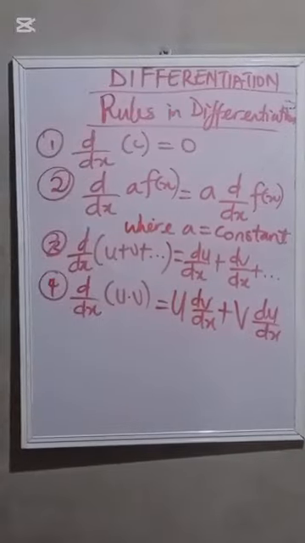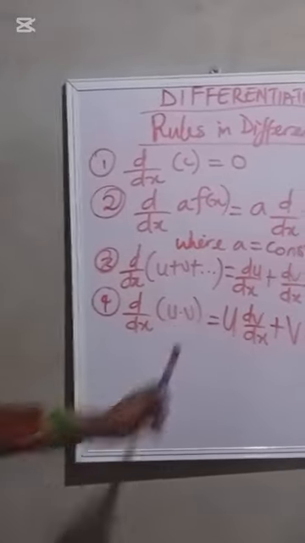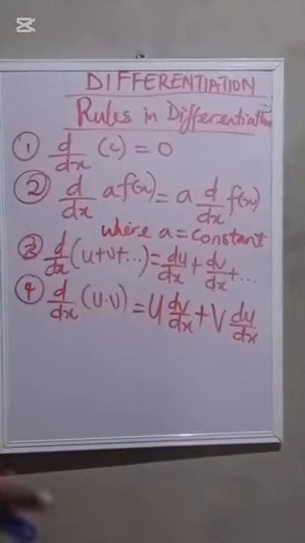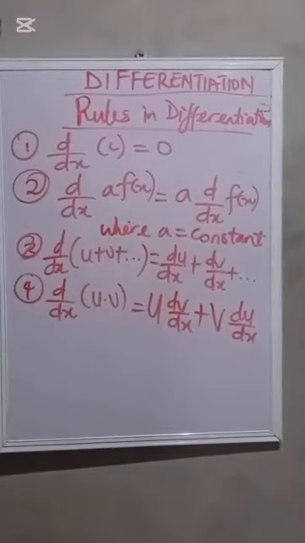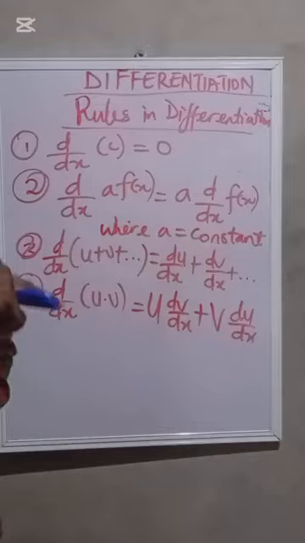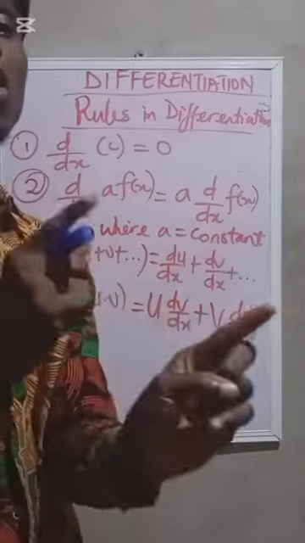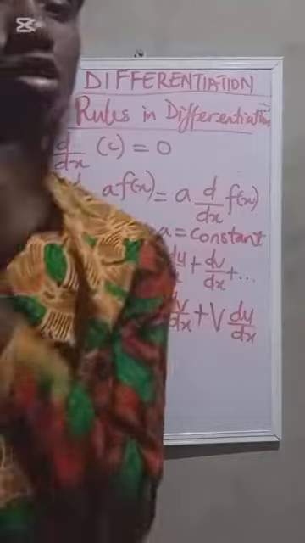So when you have two functions, u and v, the condition for this is that u is a function with respect to x multiplied by a function v with respect to x also.